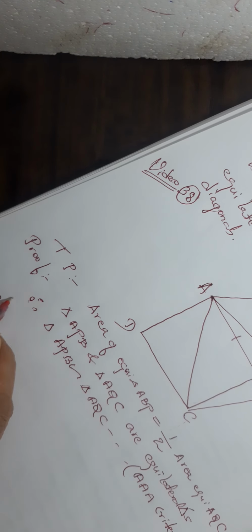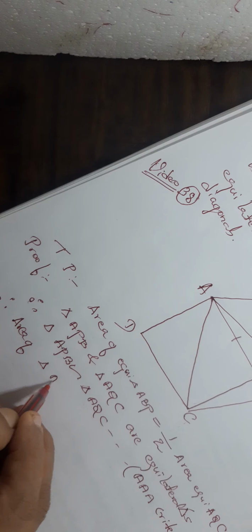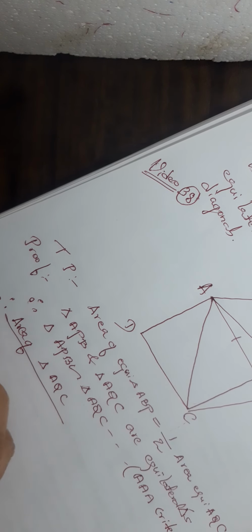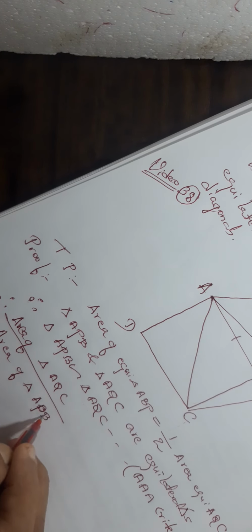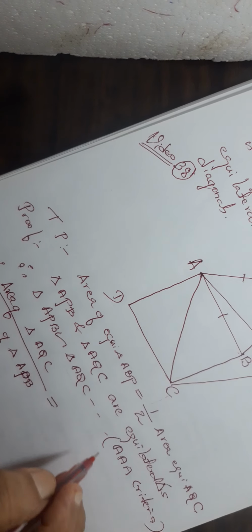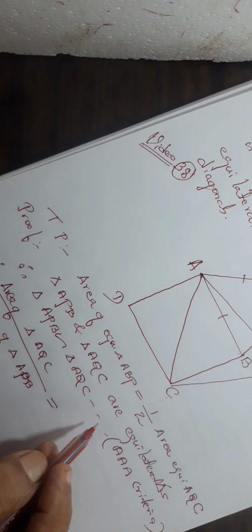Now, therefore, I am going to take the area of triangle AQC by the area of triangle APB. So what will it be? APB or ABP, whatever, it is equal to the ratio of their corresponding sides.